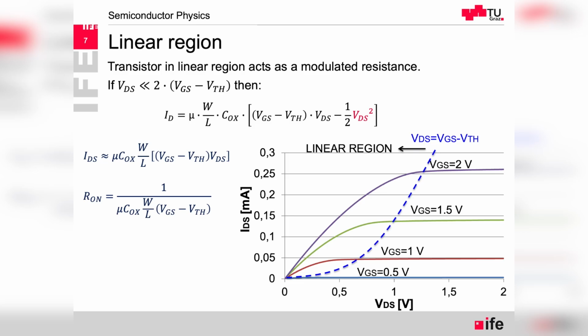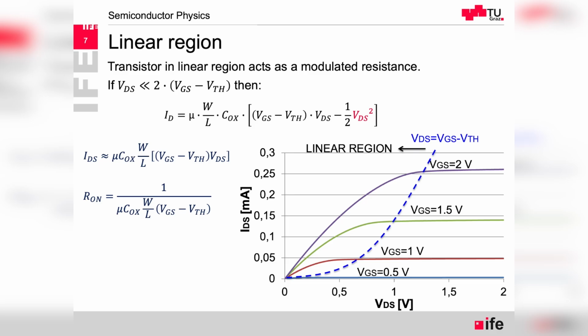Generally the expression for the linear region is a quadratic one. We have the influence, of course, of the gate to source voltage, transistor width, length, mobility, oxide capacitance, threshold voltage. And then we have the drain to source voltage minus this squared VDS voltage term.